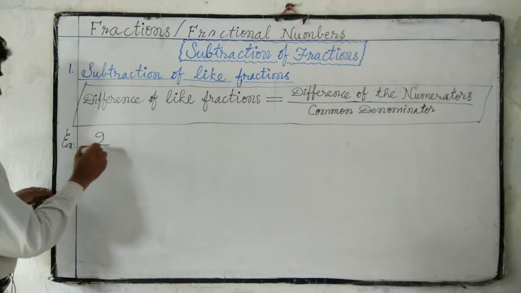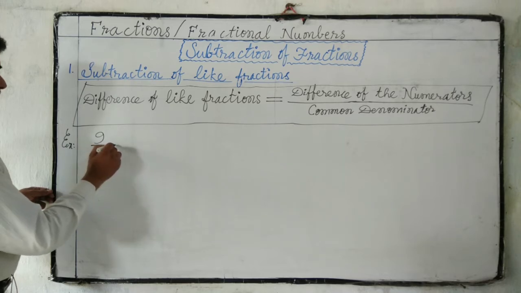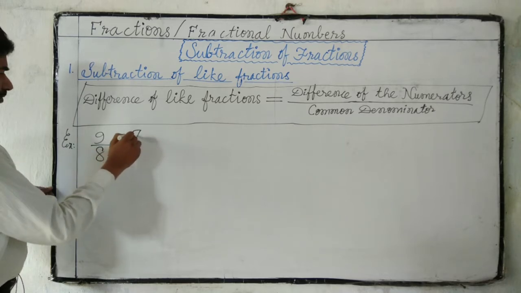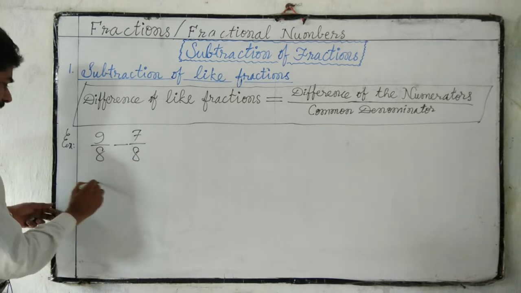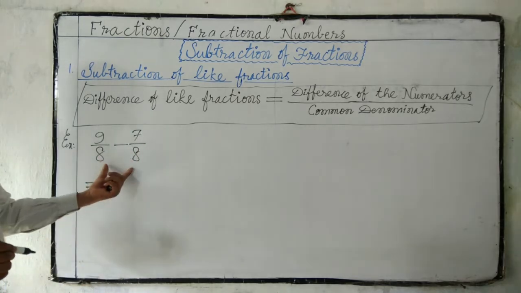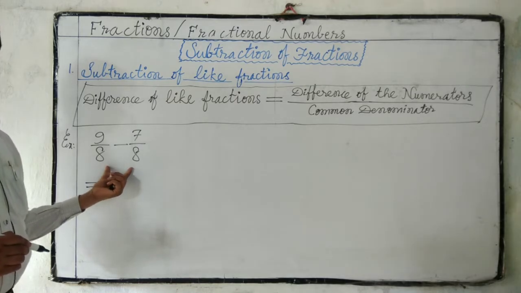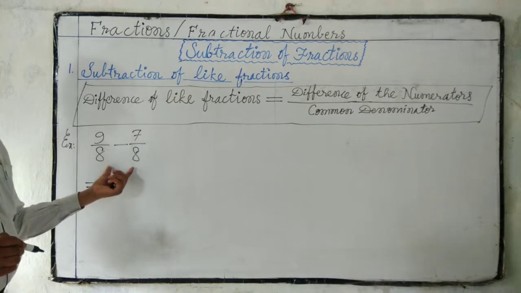9/8 minus 7/8. Here the denominators are the same, so these are like fractions.